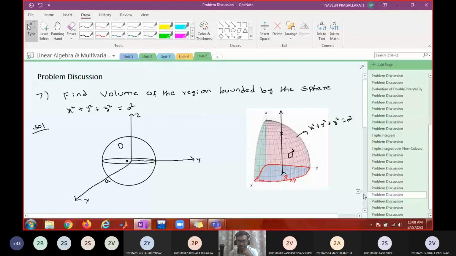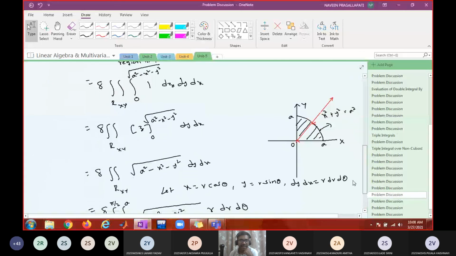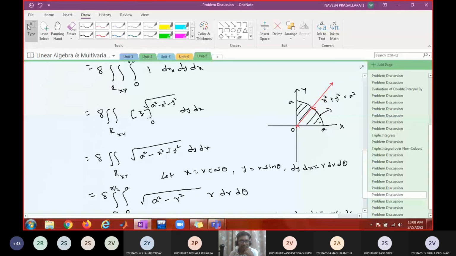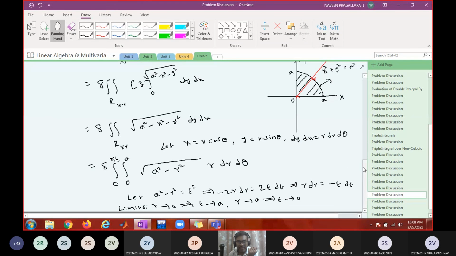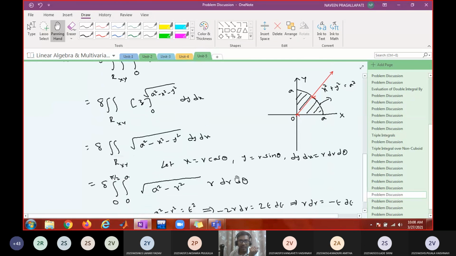See here, Z I kept as it is, and y and x I converted into r and theta. So this is z, r, theta variables only that I used. That means basically we did this problem in the Cartesian to cylindrical coordinate system.